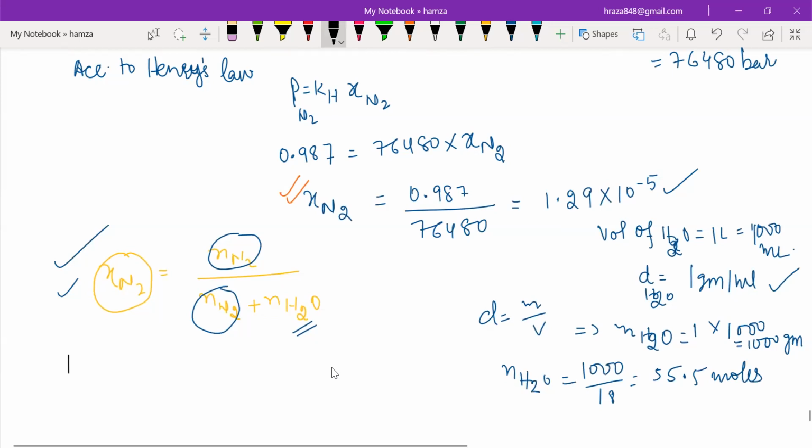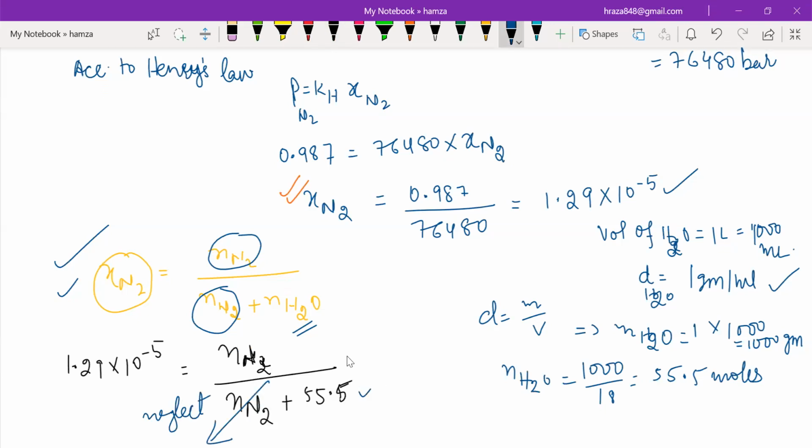In Henry's law, generally we have to neglect this value because the water molecules are very, very large in number compared to the gas molecules. So when adding a very small amount to a very large number, we can easily neglect it.